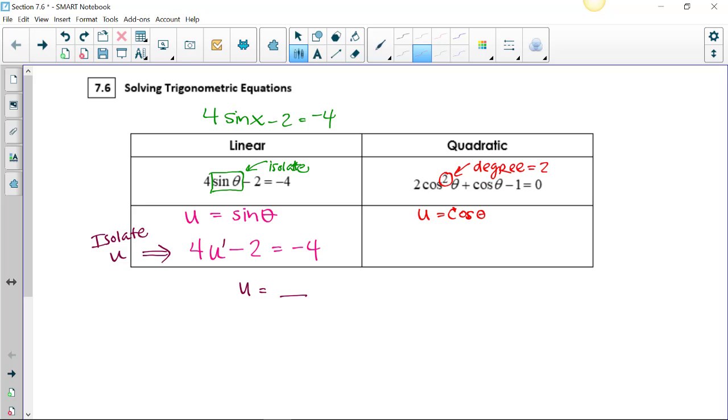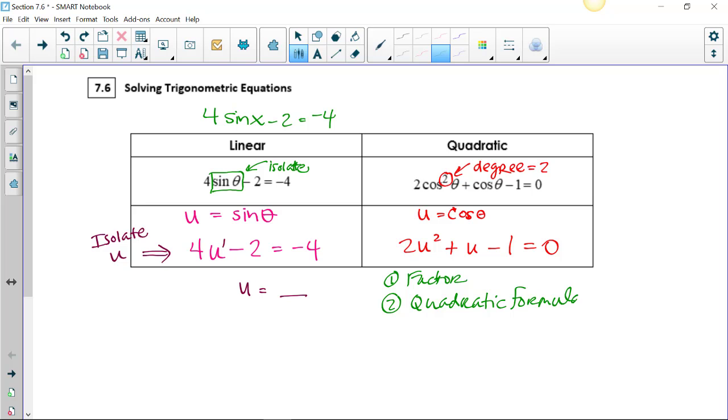So I could rewrite this equation as 2u squared plus u minus 1 equals 0. And then it looks like a regular old algebraic quadratic equation, which we solve using methods for solving quadratic equations, which typically first we try to factor. If factoring doesn't work, we can use the quadratic formula.